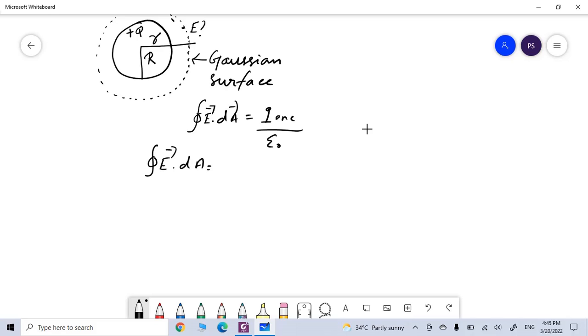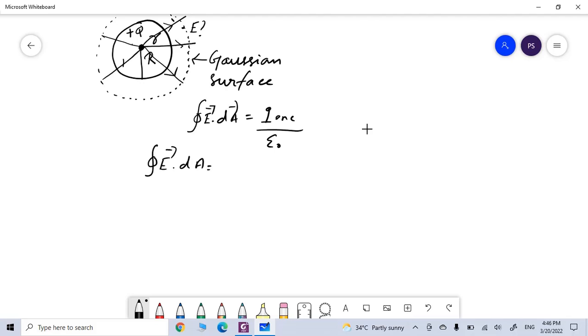Since this surface is uniformly charged, let's say that the charge is concentrated at this particular point. Then you know how the electric field lines proceed. They start from the positive charge in this fashion, pointing outward from the positive charge.